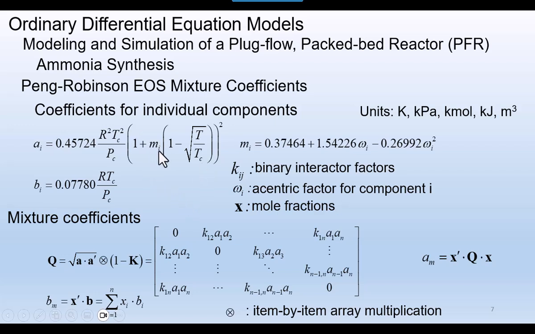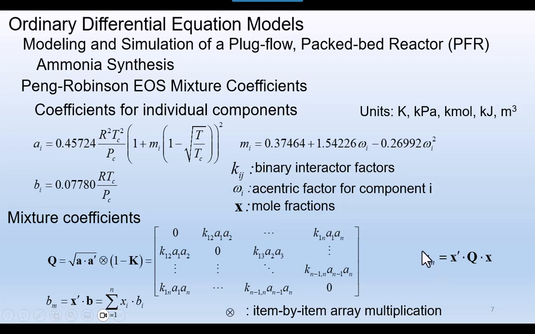And then it uses a factor m sub i, which is given by this relationship, and the omega here is called the acentric factor for component i. And then we have whatever the mole fractions are that we're working with, and we can then come up with what our mixture coefficients are.